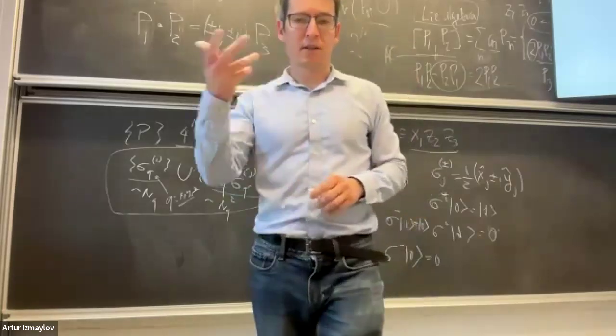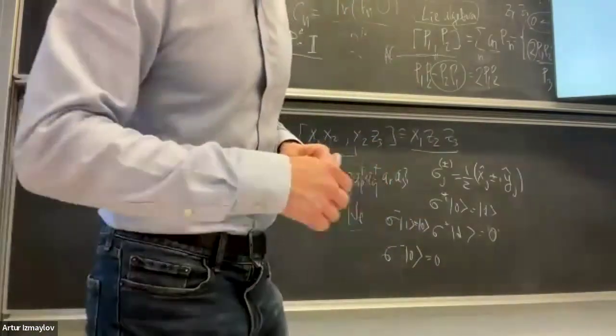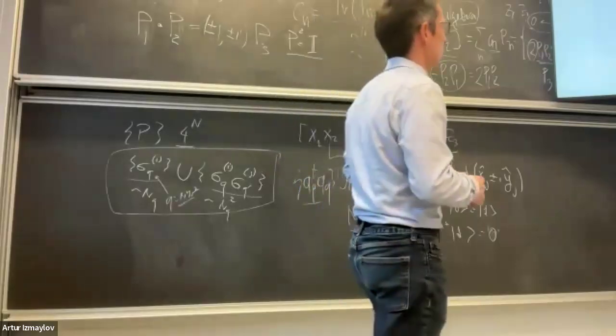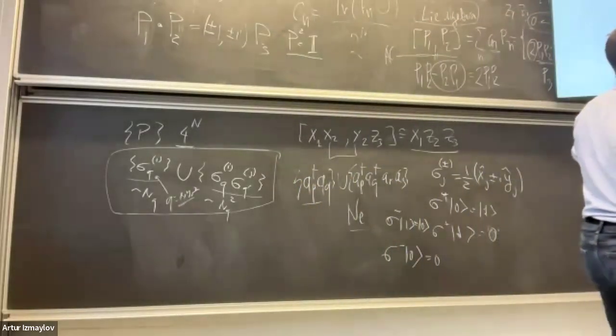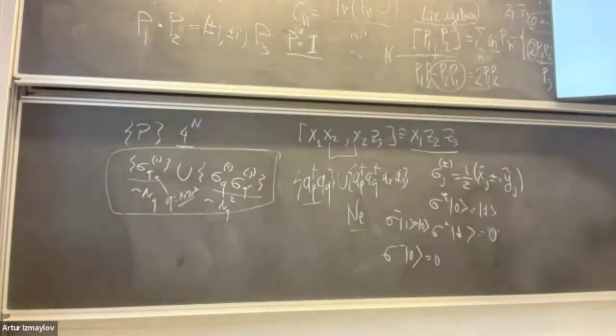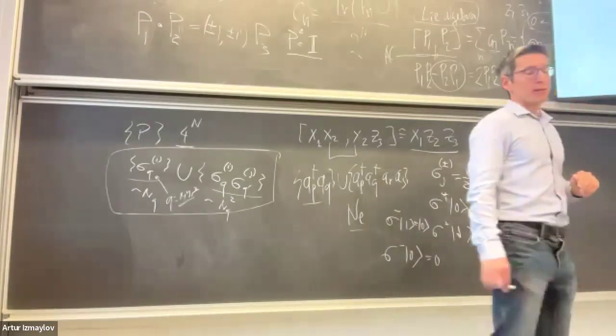And what these sigma z's are doing is making sure that if there is an occupied fermionic mode corresponding to the qubit mode where the qubit is up, then sigma z will add -1 for that mode, right?